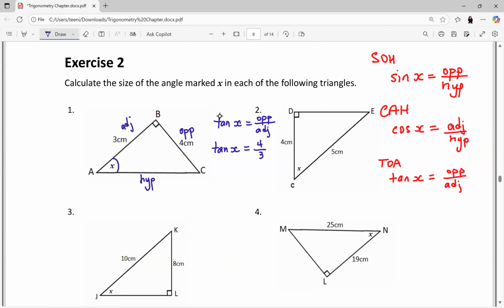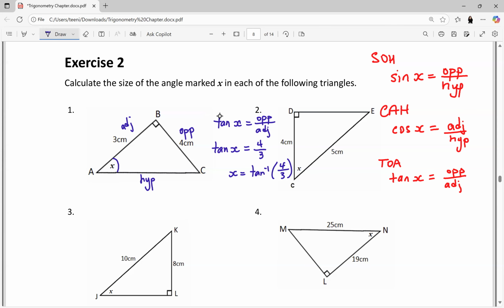Now, on my calculator, before I get there: if tan x is equal to 4 over 3, I could work that out and get a decimal, or I could leave it as is and just say x is equal to tan inverse of 4 over 3.